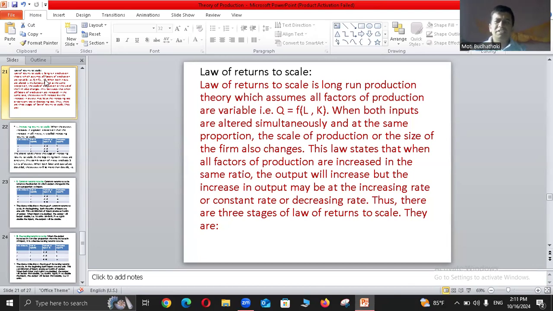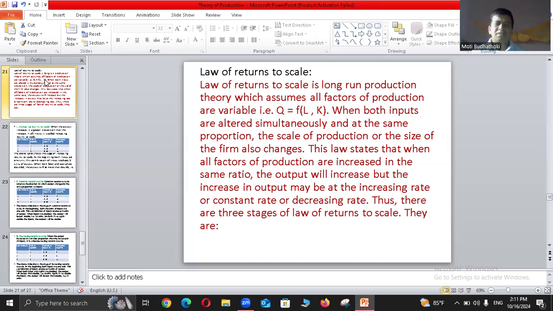This law states that when all factors of production are increased in the same ratio, the output will increase, but the increase in output may be at the increasing rate or constant rate or decreasing rate.